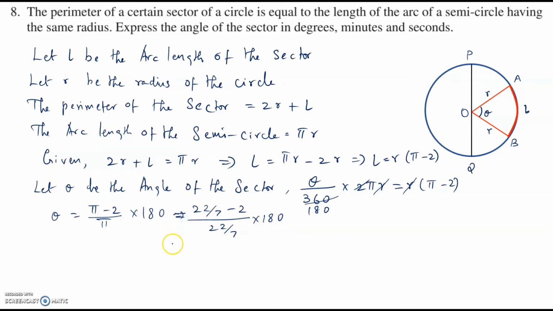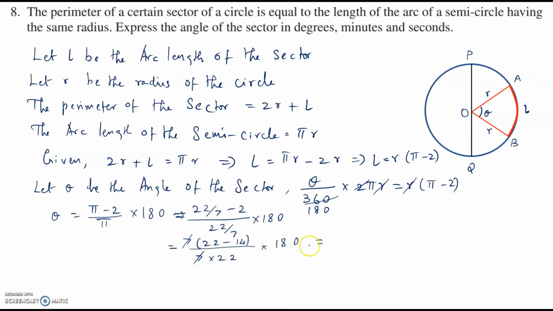So that's equal to, simplifying this, 7 is the denominator, so we can bring it down here. 7 into 22. So this will become 22 minus 14, and the 7 will go on top into 180. So again 7 and 7 are cancelled.